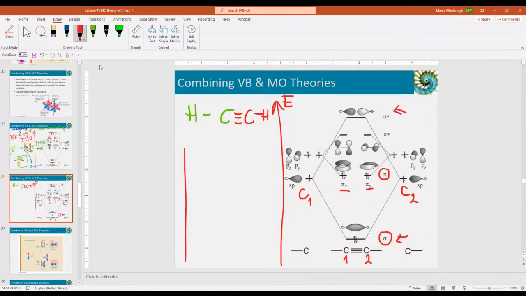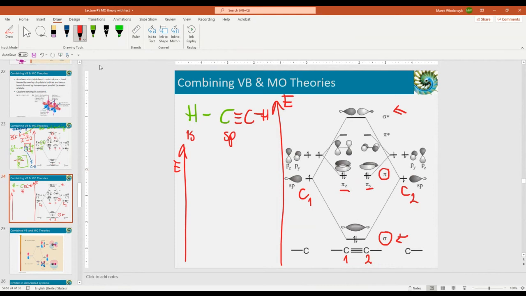All you need to do is start with drawing the direction of how the energy will increase, and then you know that the hydrogen has one s orbital, and the carbon here, because it's with the triple bond, has sp orbitals that will interact with one another.